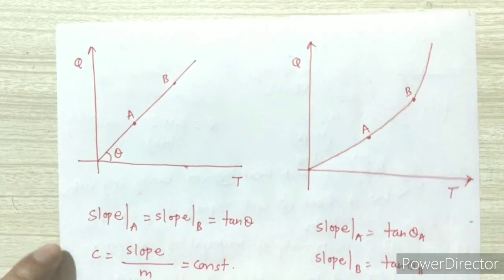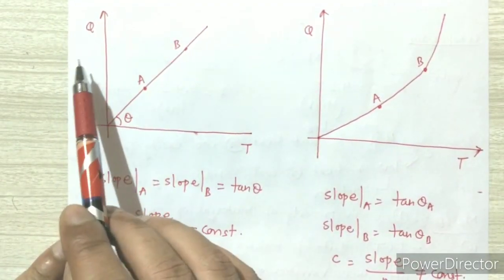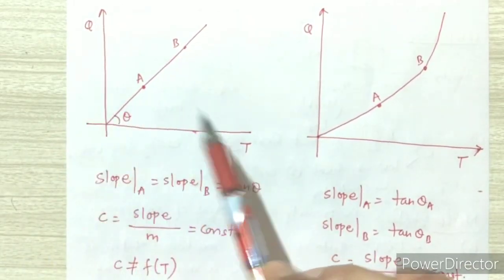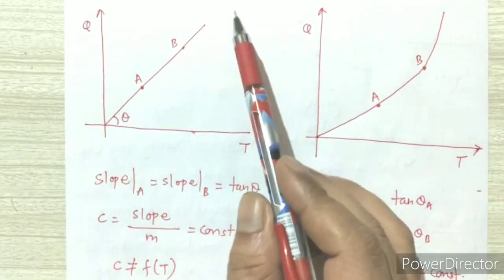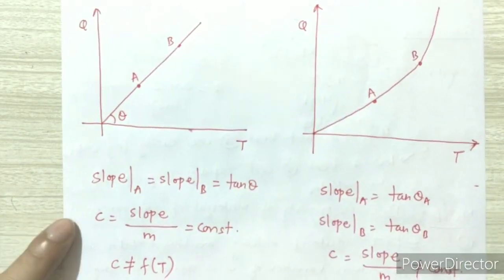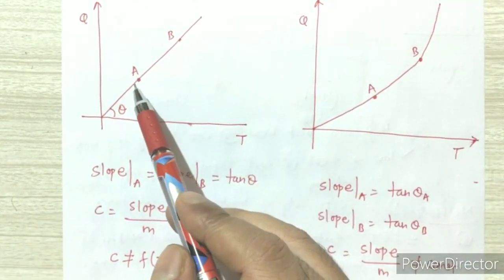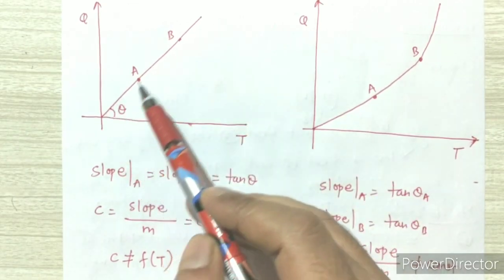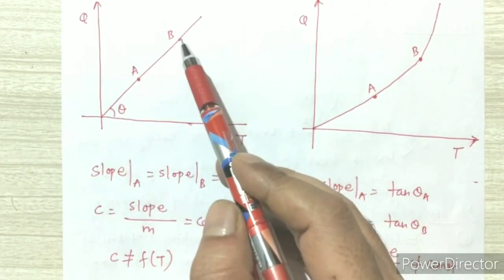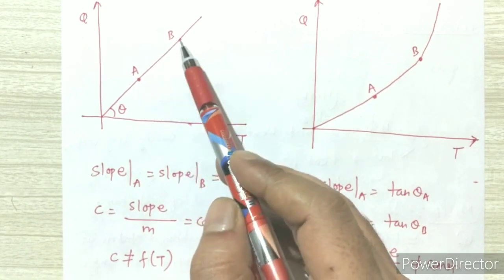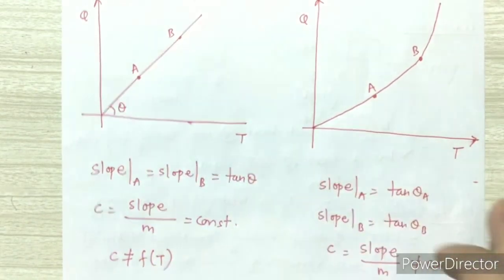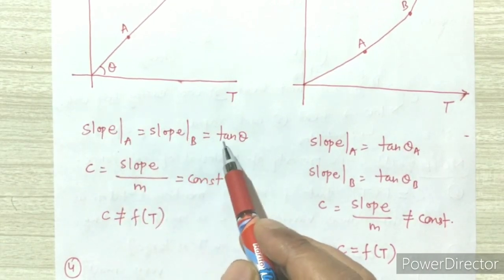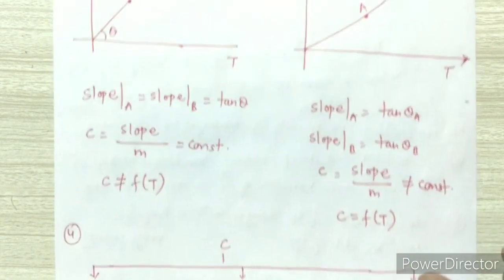Now see in detail what we learn. Suppose it is given, see the two situations. In situation number 1, in the Q versus T graph, there is a straight line passing through the origin. If we draw a tangent at point A or at point B, the tangent will be the same as the straight line. The slope will be tan of this angle, so the slope at point A will be equal to the slope at point B, equal to tan theta.